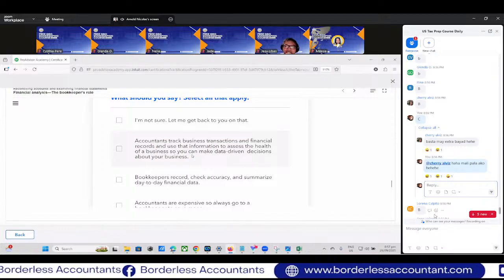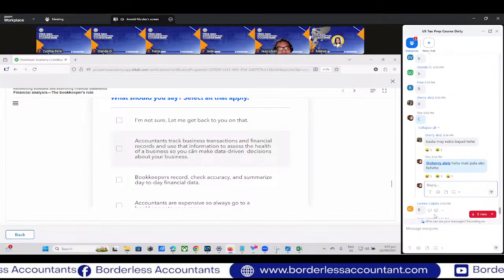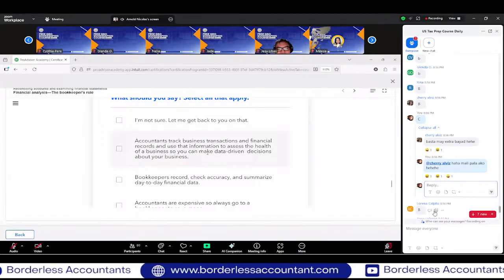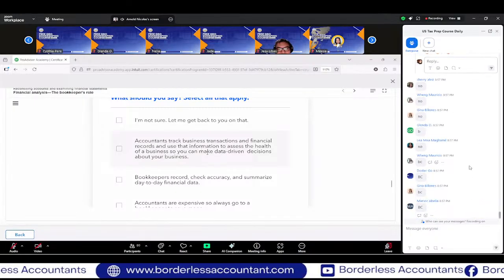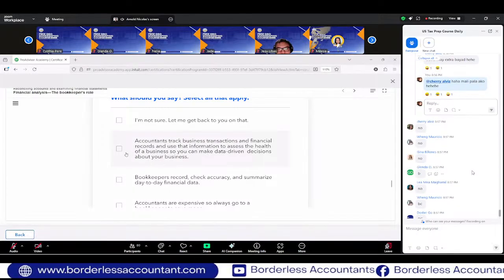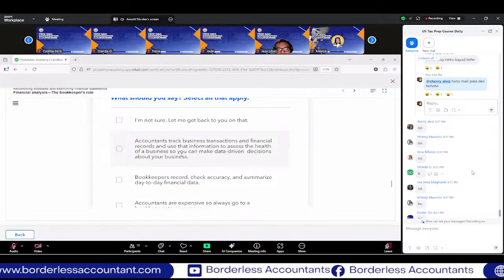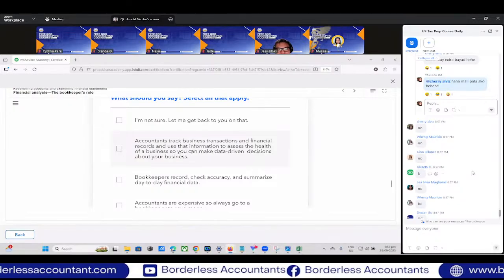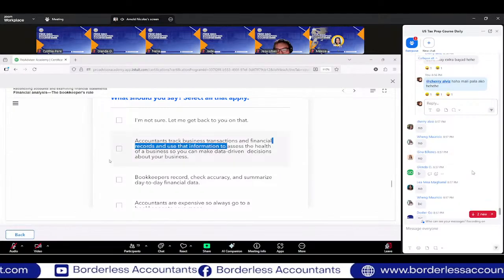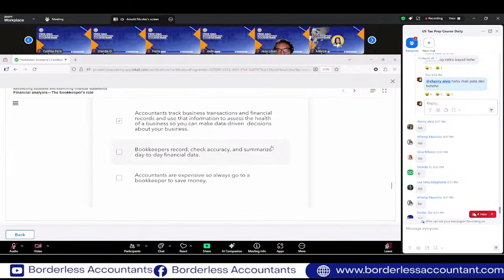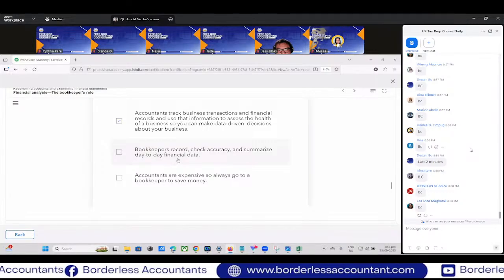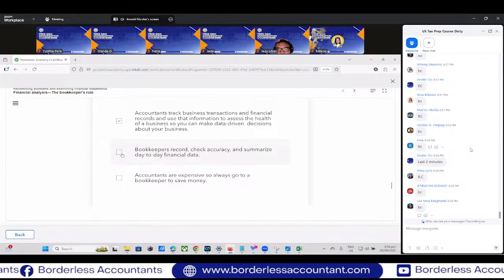Next selection: Accountants track business transactions and financial records and use the information to assess the health of the business. So this is what accountants do. The keyword is to assess the health. Bookkeepers record, check accuracy, and summarize day-to-day financial data. Yes, that's a bookkeeper.